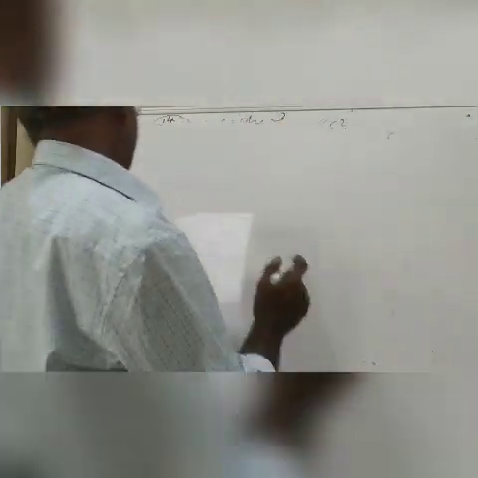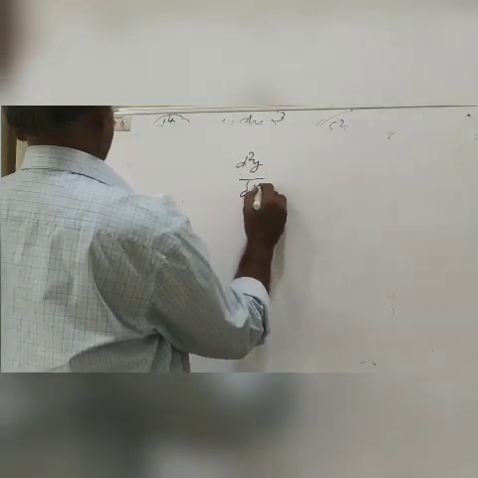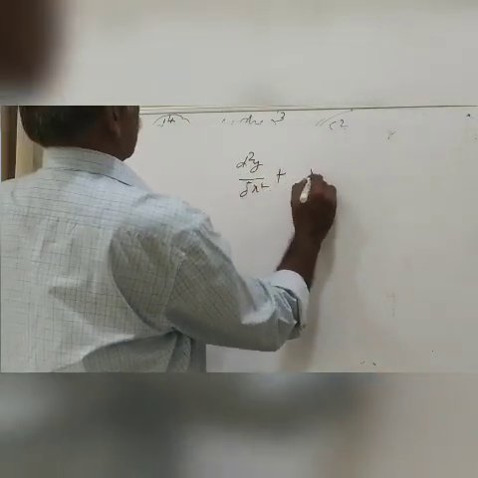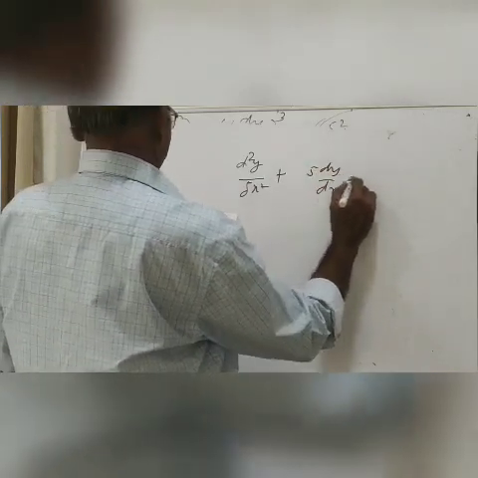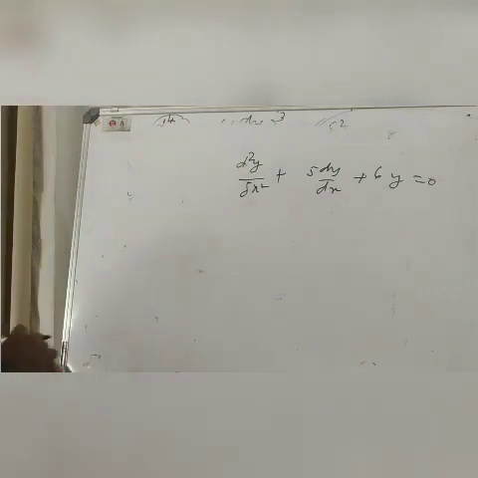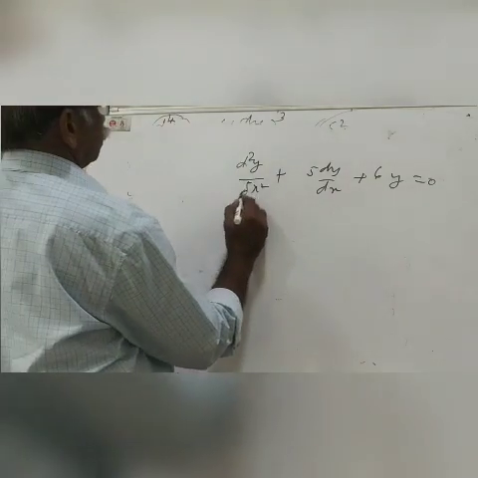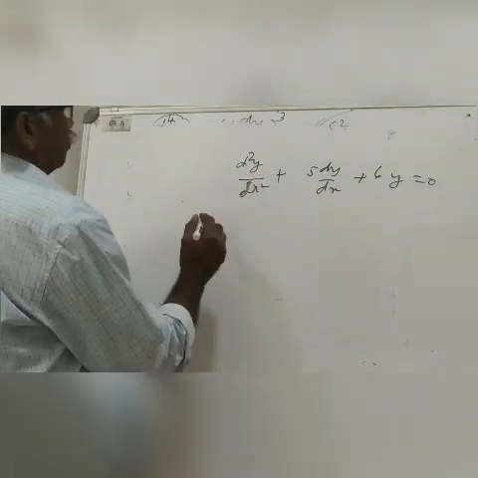Example: d square y by dx square plus 5 dy by dx plus 6y equals 0. Here the differential equation has order 2 and degree 1.